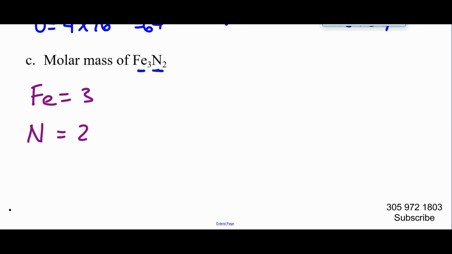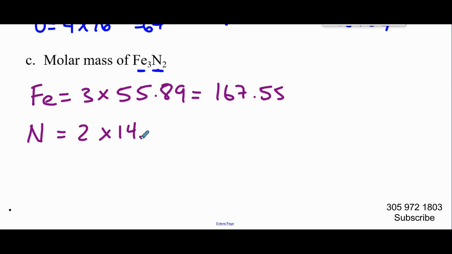So apply those masses. I have Fe times 55.85, or 9 in some tables. Okay, that's times 3. That gives me 167.55. The mass of two Ns, each one being 14.01, times 2 gives me 28.02.